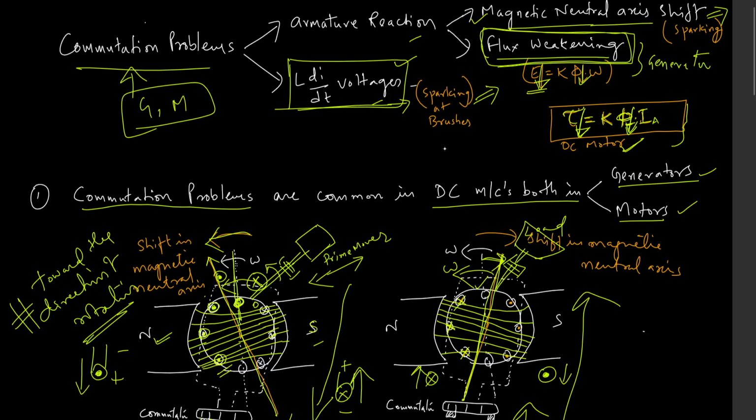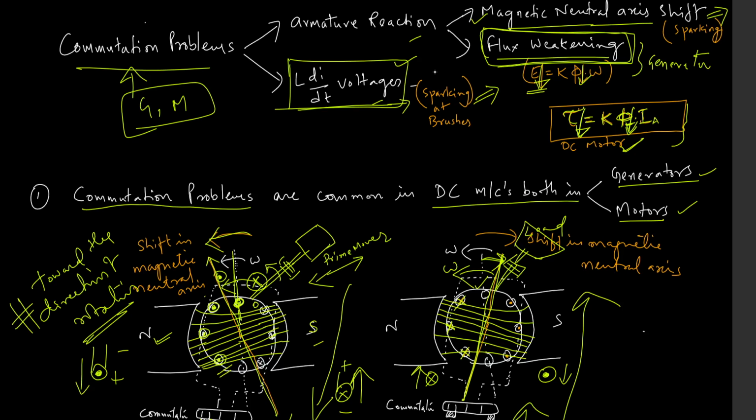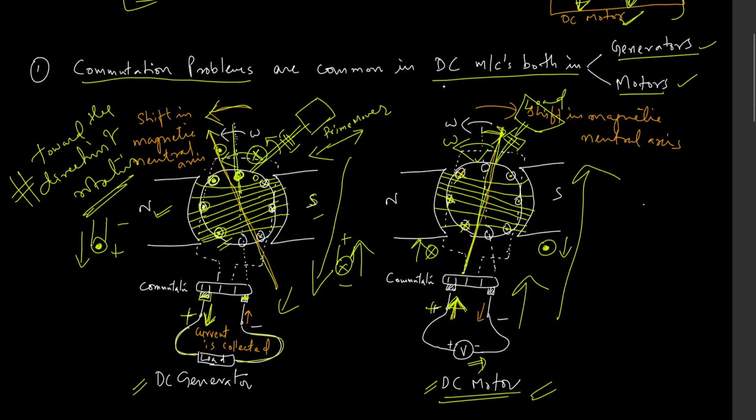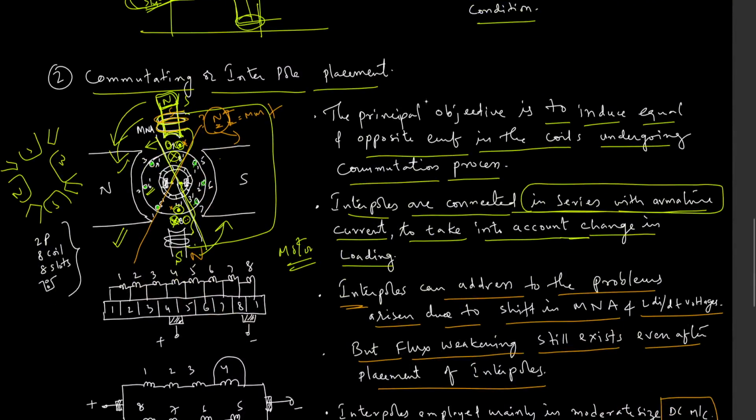Now, knowing all this, I am coming back to how do I place the number of turns. Here in interpoles, I have to decide the number of turns.